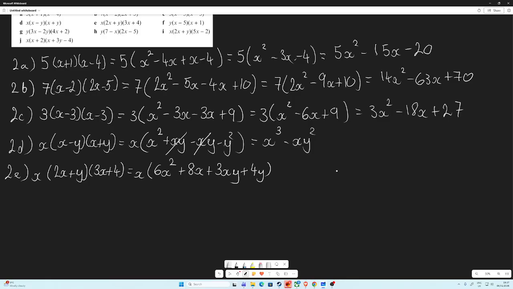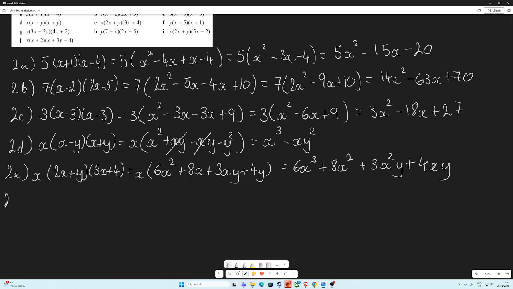Okay, there are no common terms, so that's just going to be 6x cubed plus 8x squared plus 3x squared y plus 4xy.